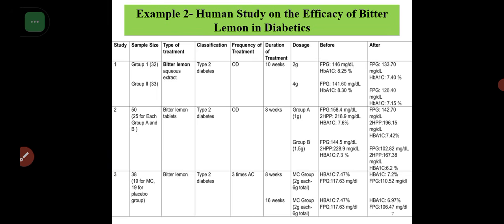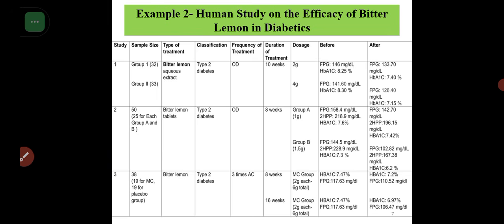Aqueous, bitter lemon tablets, bitter lemon, under types. Okay, I'm not seeing alcoholic extract. So that can be a gap. I'm not seeing any study also comparing alcoholic extract and aqueous extract. I'm not seeing that.